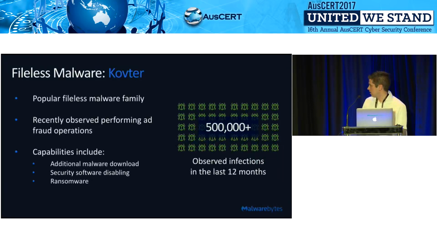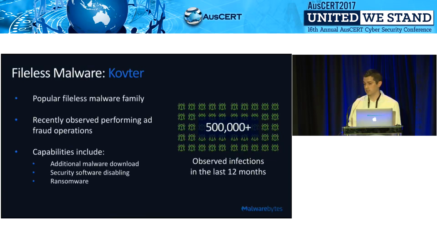So another technique, or a family that we've seen that's employing this fileless malware approach would be Copter. And last year we saw 500,000 infections of Copter. The initial purpose of Copter really has been to perform ad fraud operations, but it's important to note that, first of all, anything that's performing ad fraud operations has the ability to click something that might be embedded into a web page.